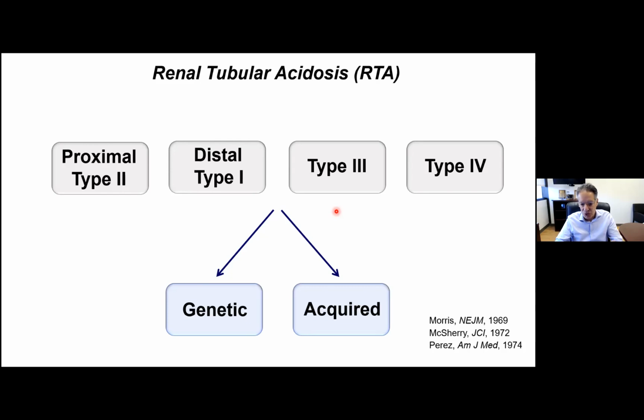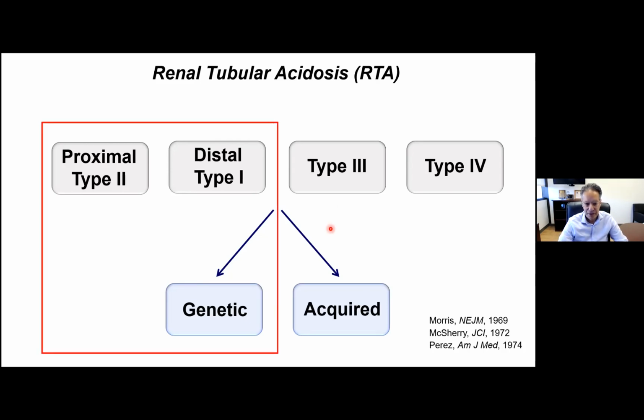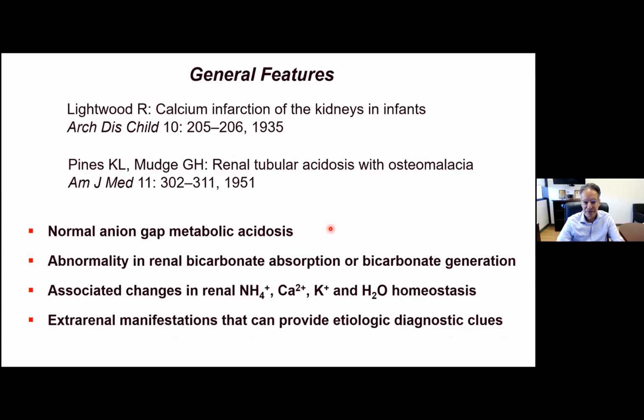In all these disorders, you can have, like everything in medicine, genetic causes and acquired causes. And for the hypokalemic disorders that I'll be discussing today, we'll go through those with some examples. And I'll be particularly talking about type 2 and type 1 today.